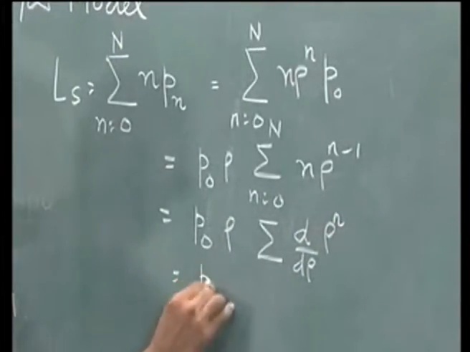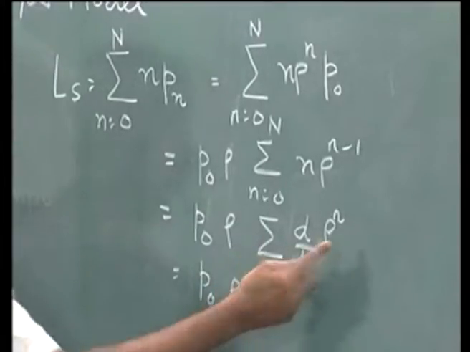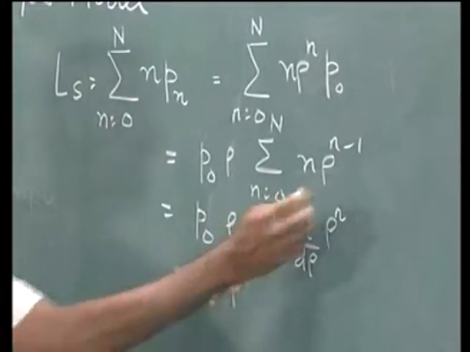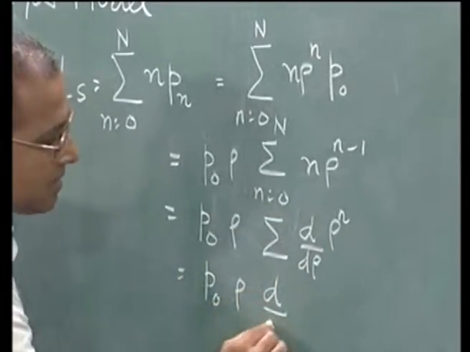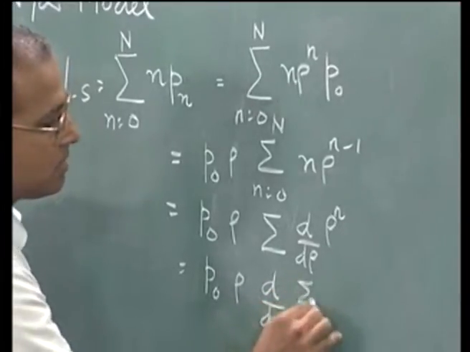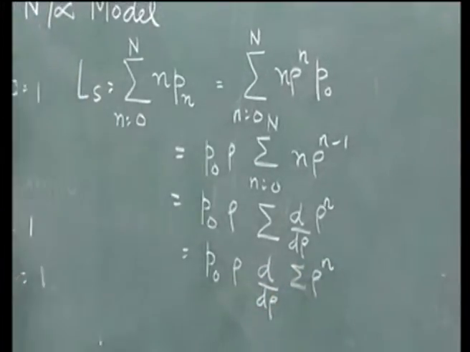So, this will be P naught into rho, and as usual we switch the differentiation and the summation to get d by d rho sigma rho power n.